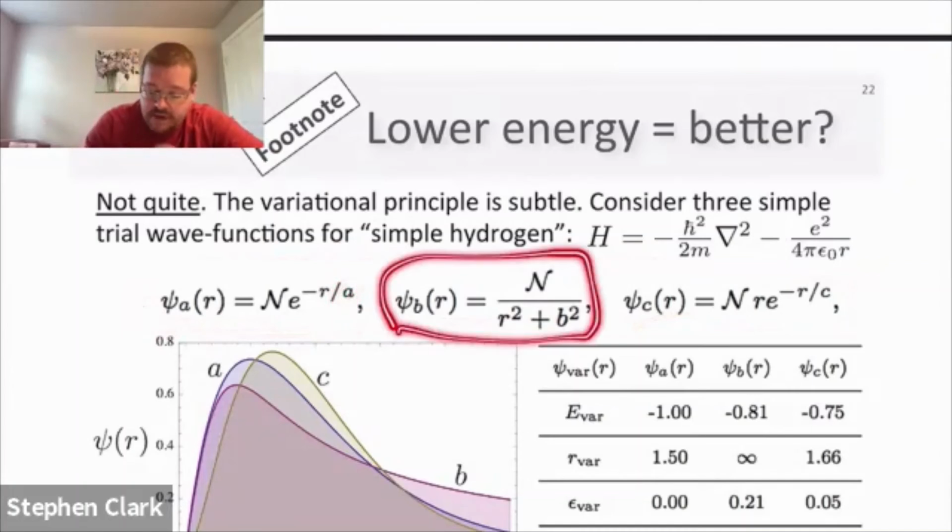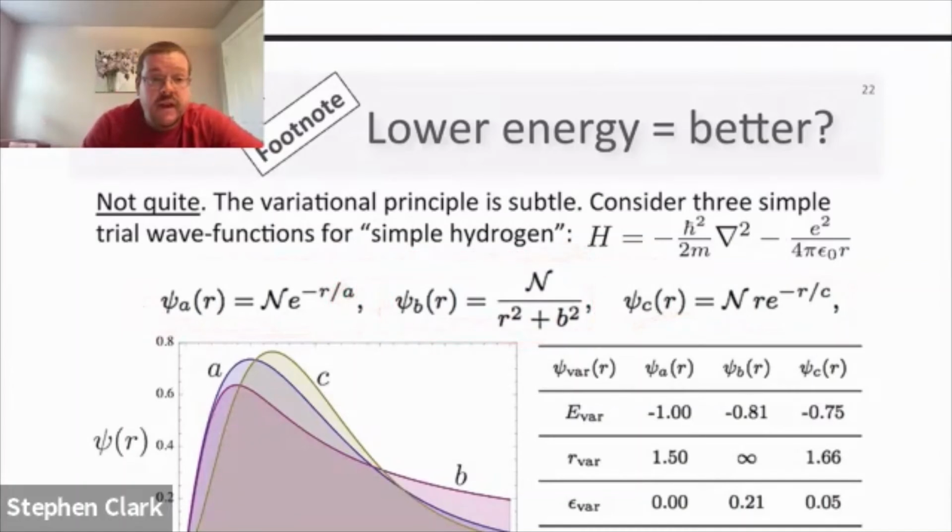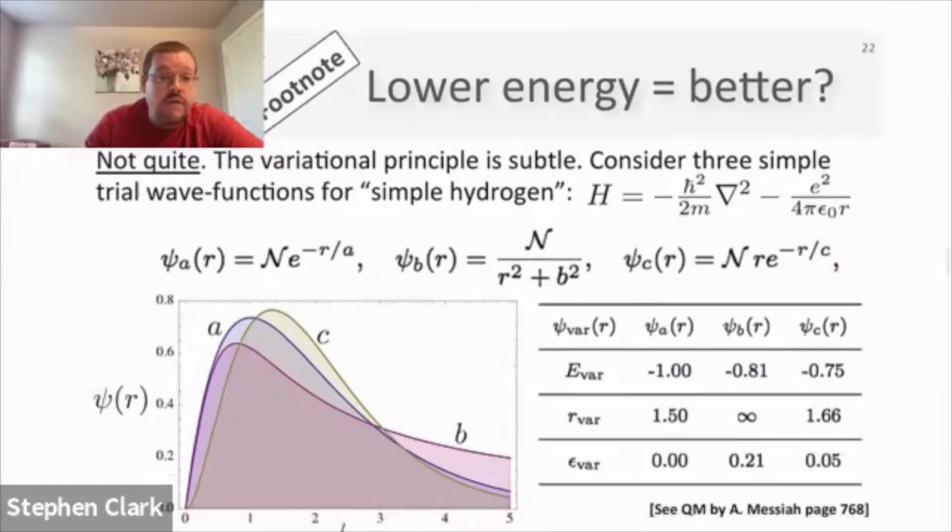B is some very strange 1 on R squared plus a constant wave function. And C is basically exponential, but it has an R dependence in it. So it's like it's got some angular momentum, which it shouldn't have because it's in the ground state. So neither of these are exact, but they have one variational parameter.